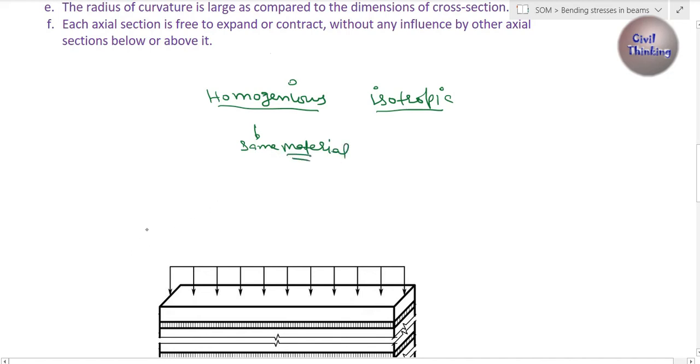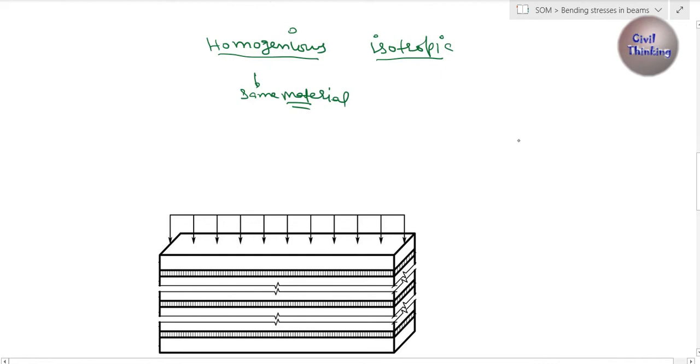And if the elastic properties are the same in every direction, like if we consider this beam, if the elastic property at this point is the same in this direction, also in this direction, and also in this direction, it means if the elastic properties are the same in all directions, then that beam is called an isotropic beam.